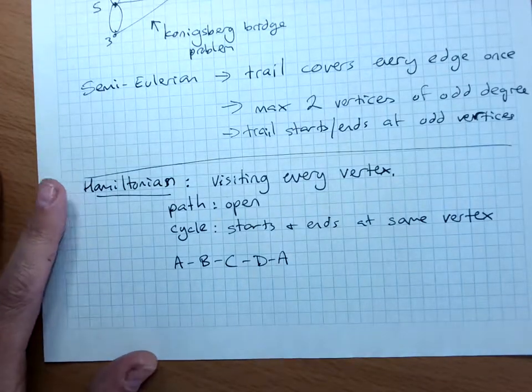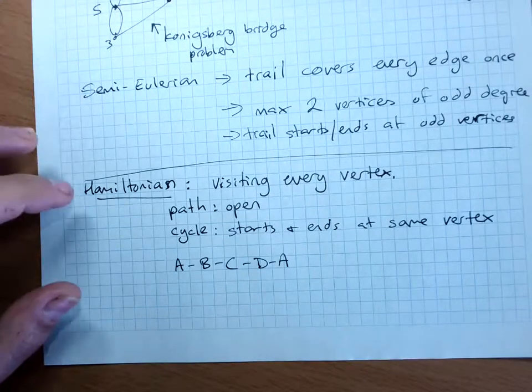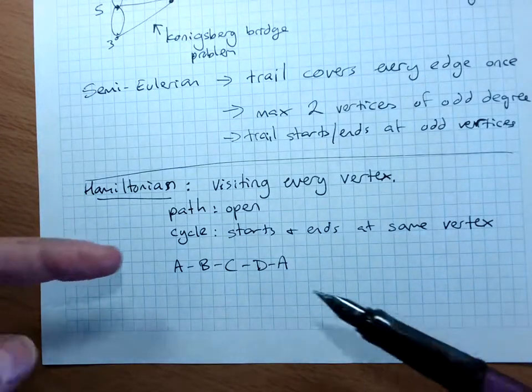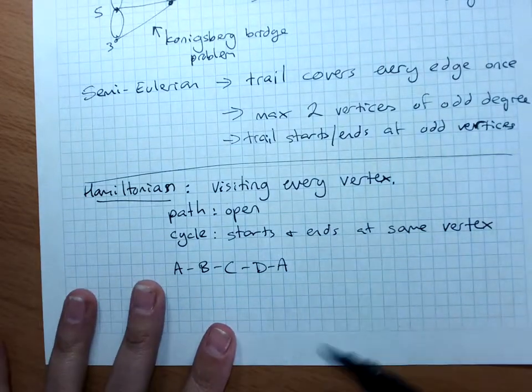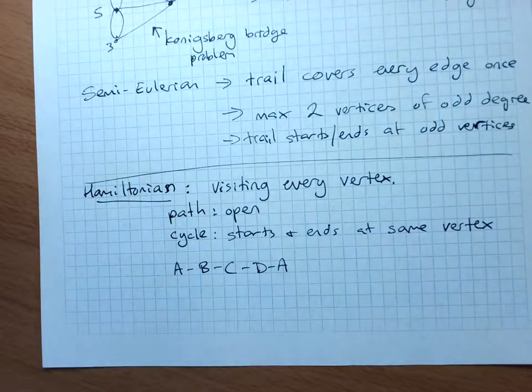I didn't do an example there. So Eulerian, semi-Eulerian, Hamiltonian, and whether it's a path or a cycle, you'd want to have definitions of that. I'm really just going over the concepts here. There's a very useful skills check at the end of the chapter on page 253, which you should do.